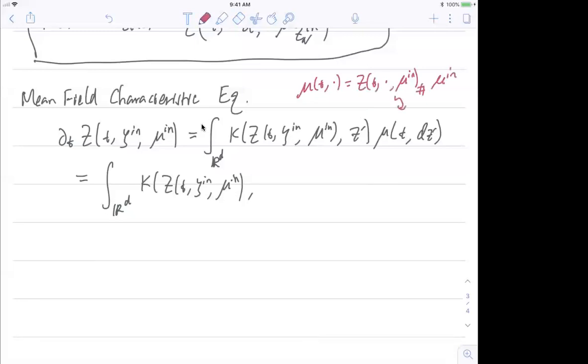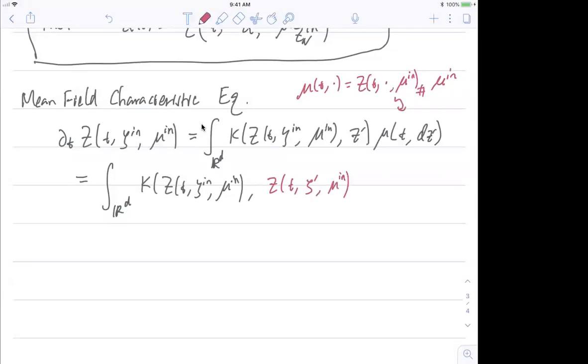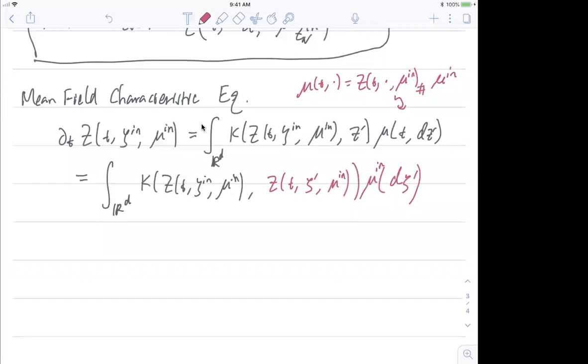Then we get Z_t(z initial, z prime initial) with mu initial(dz prime initial). So this is a new formula. If we write it in this way, the mean field characteristic equation can be written in the following way.